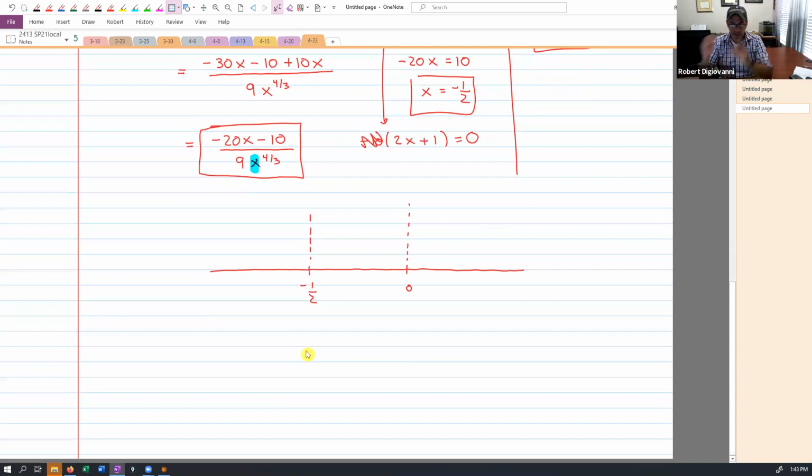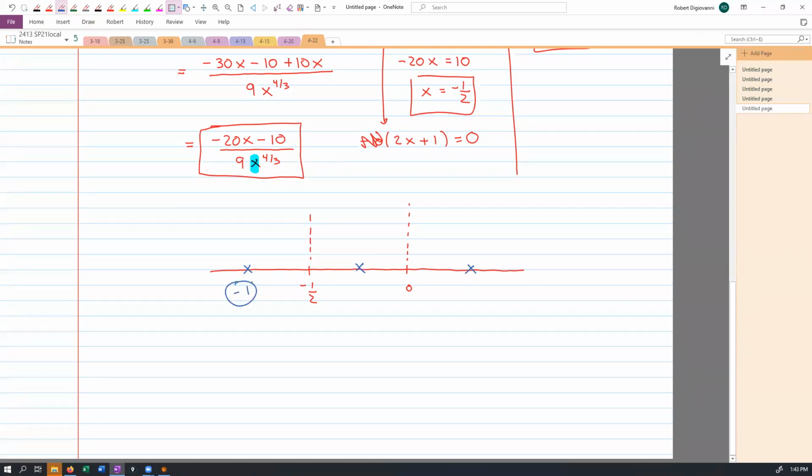All right, what's next? Check. You would pick test points outside or inside what you have on there. Yeah, so some test points. Something over here, here, and here. So who wants to give me something over here? -1. Okay, that'll work. How about in here? -1/4.